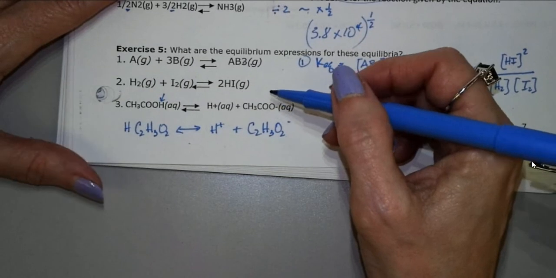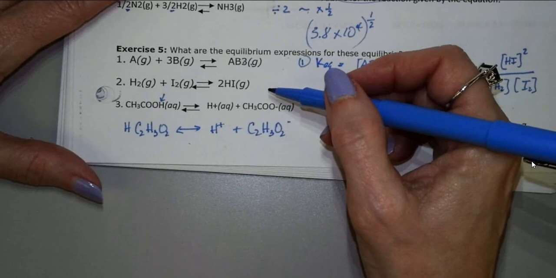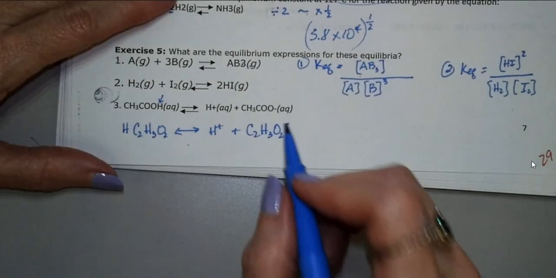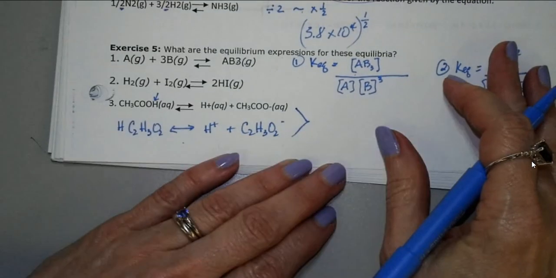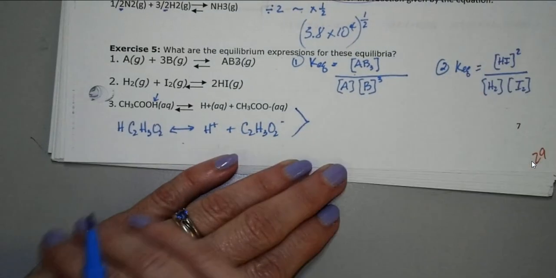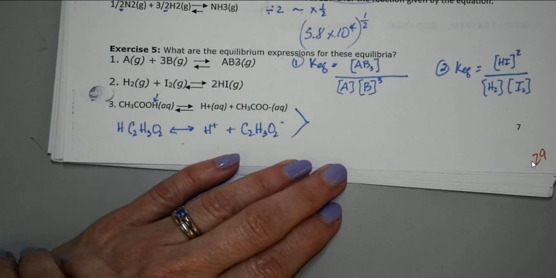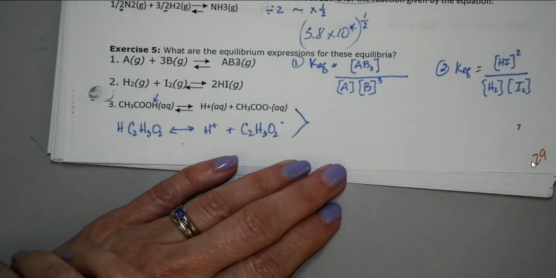So this one they like to use a lot. When we do this, it's still the same thing, products over reactants. Everything is aqueous. It's an aqueous solution, so everything's going to be incorporated in there. No, because this is not a solid.